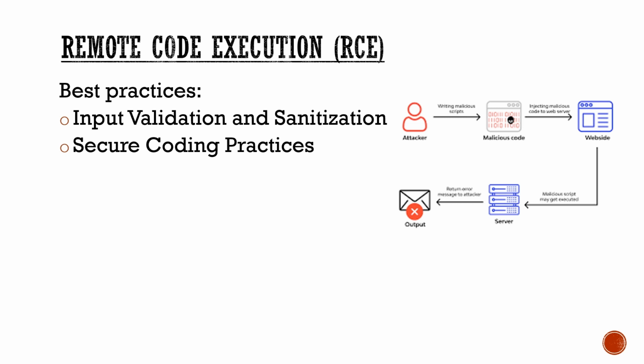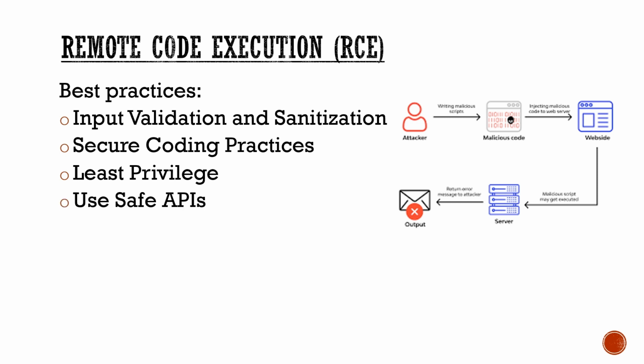Follow secure coding guidelines and avoid using unsafe functions or methods that may lead to RCE vulnerabilities. Ensure that the application and its components run with the minimum necessary privileges to limit the potential impact of a successful RCE attack. Use safe APIs. When executing code dynamically, use safe APIs or libraries that mitigate RCE risk.